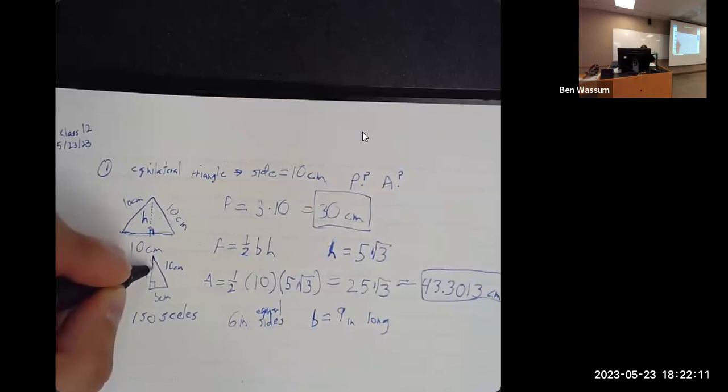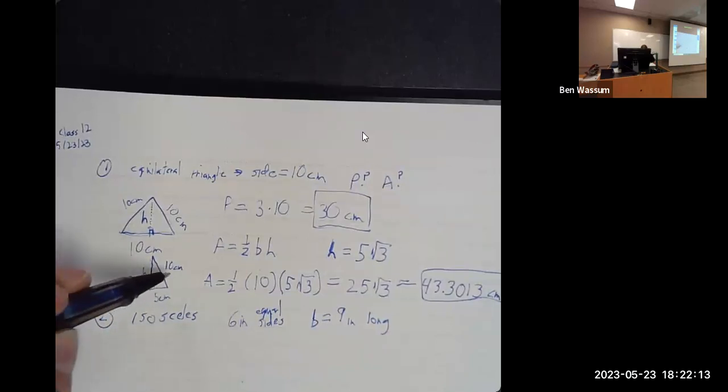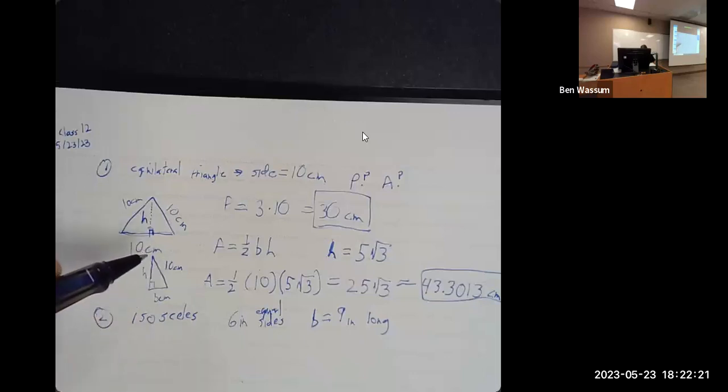Now, based on us having the hypotenuse and this leg, well, we have 2 of the 3 sides of a right triangle. So you can find that one.